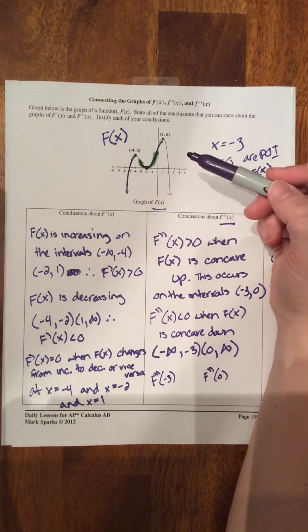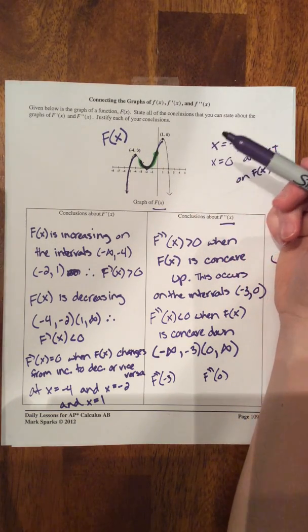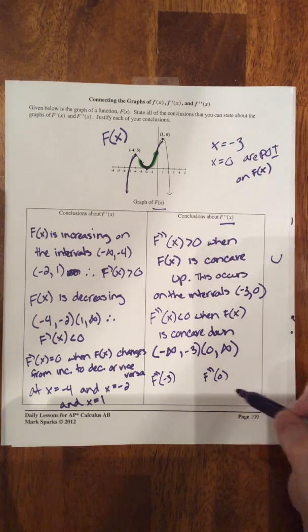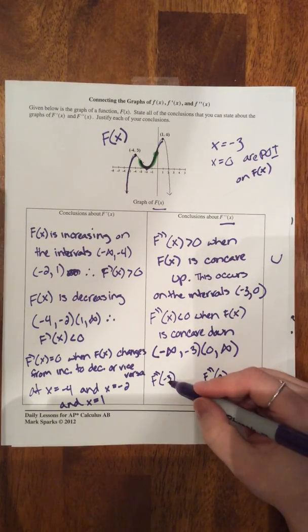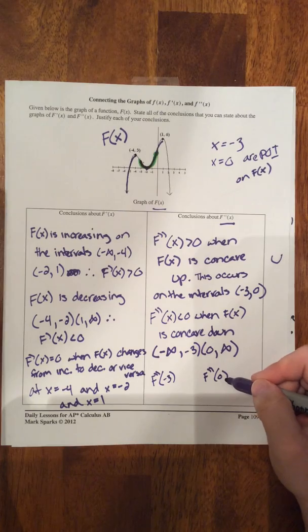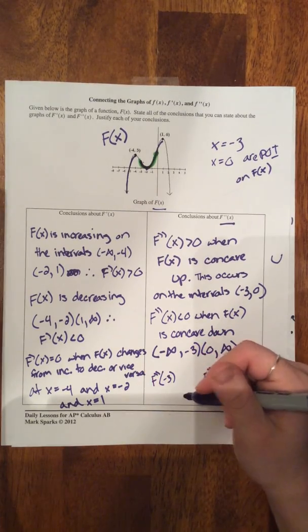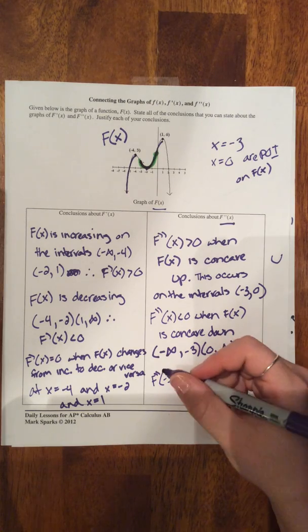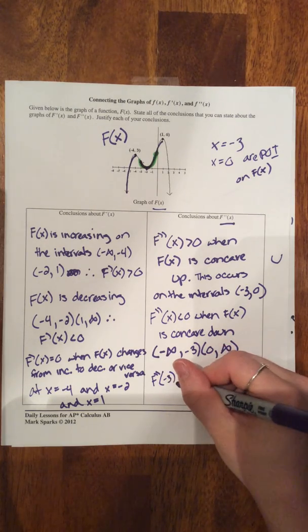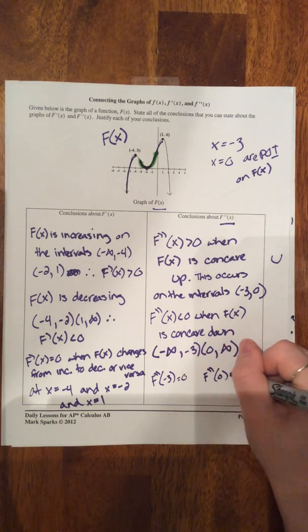If f double prime is changing from negative to positive, it's most likely passing through 0. So f double prime of -3 and f double prime of 0, in this case, a function that looks like this, I'm going to say are equal to 0.